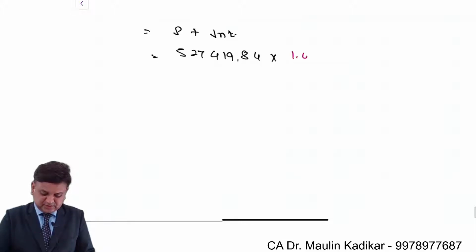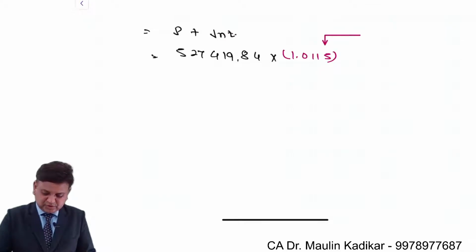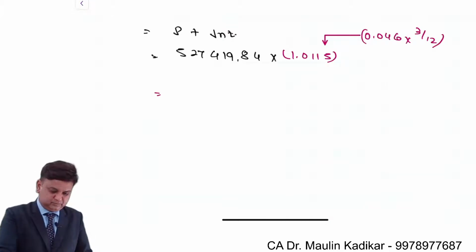So it is 1.0115, that is 0.046 into 3 divided by 12. So 527,419.84 into 1.0115.